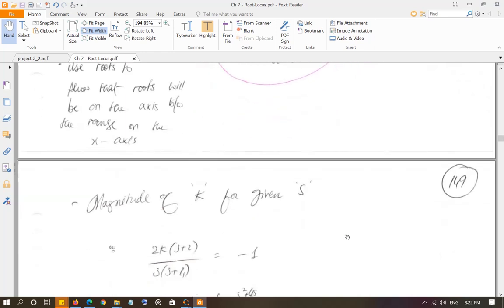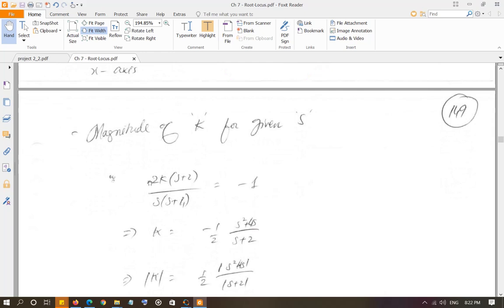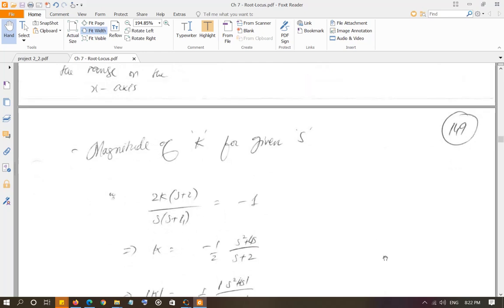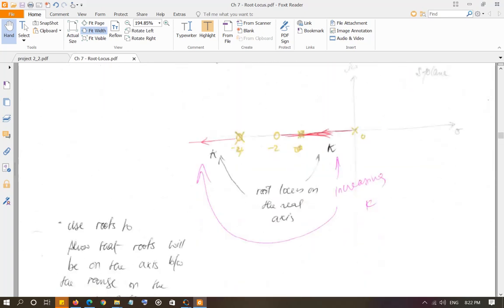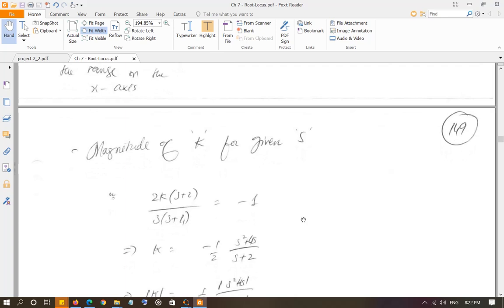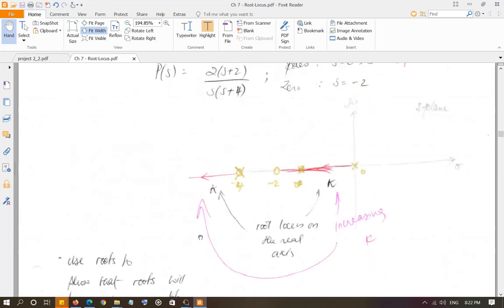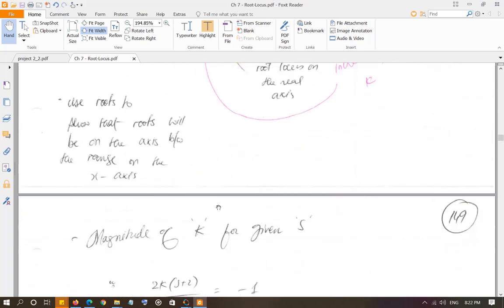Let's discuss this as well. This is actually useful: the magnitude of K for a given S. So you have 2K times S plus 2 over S times S plus 4. It is the same function as we have over here.